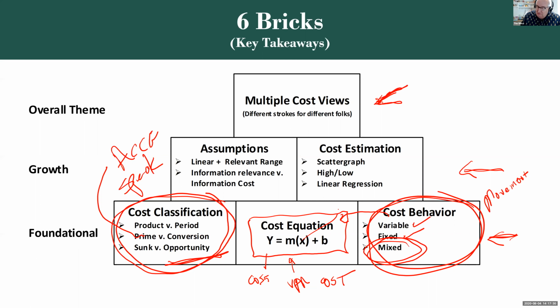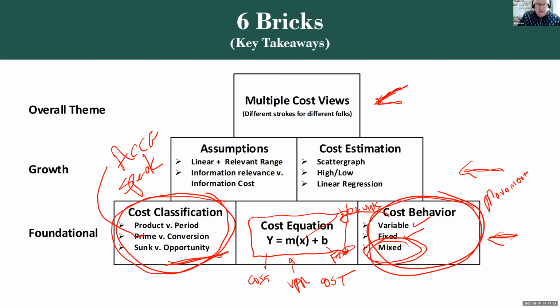X is volume, the number of miles you've driven in your car. P represents the fixed cost, that's the insurance you have to pay on your car, except when you wreck it, then it will go up. But that's outside of the range of operation. We'll talk about that again.